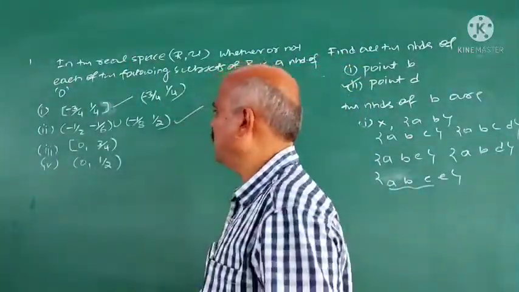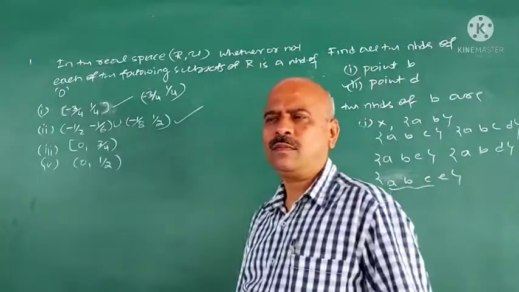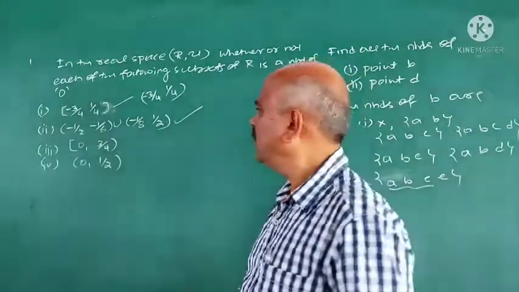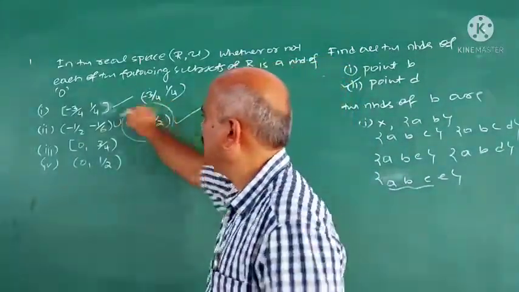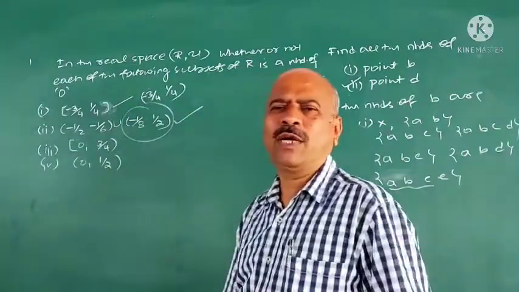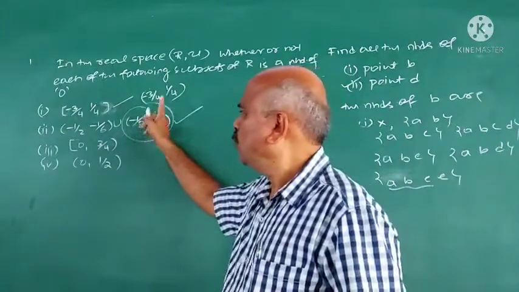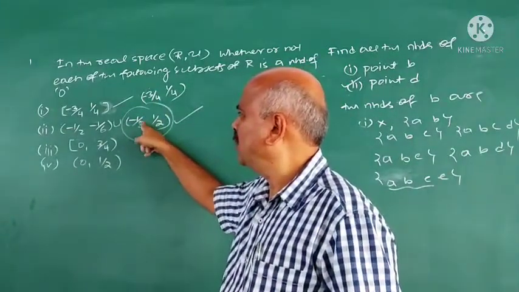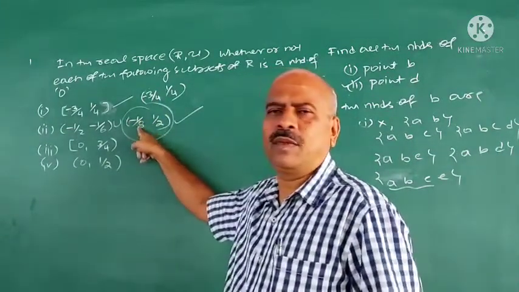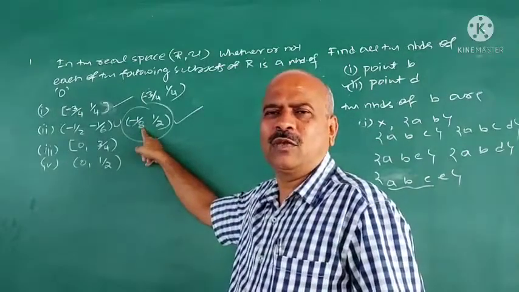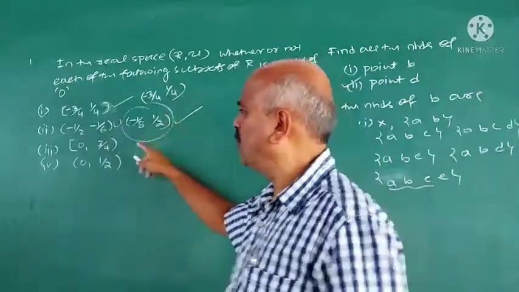This is also a neighborhood of the point. Why? Because see this one, (-1/8, 1/2), it contains 0. Therefore, the open interval containing 0 is this itself. It is an open set because it is an open interval. So it is also a neighborhood of the point 0.